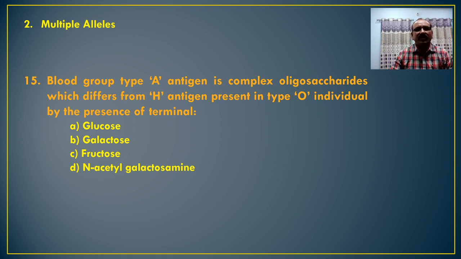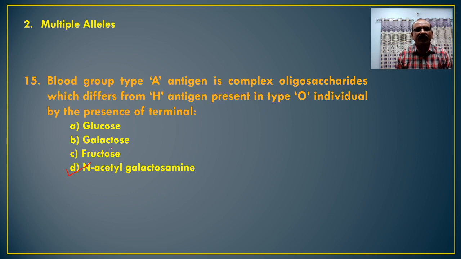All these 20 questions which are taken today were asked in earlier UGC CSIR NET examinations. So we should know the proper answer, and the answer for this one is N-acetyl galactosamine, and that will be the correct answer. If you go through the structure and the components of antigen A and antigen H, you will find there is a proper difference between antigen A and H.